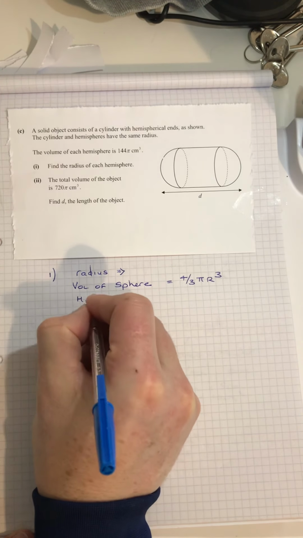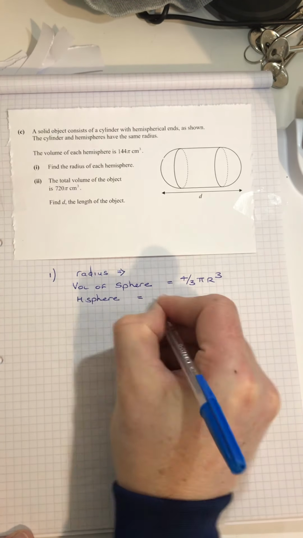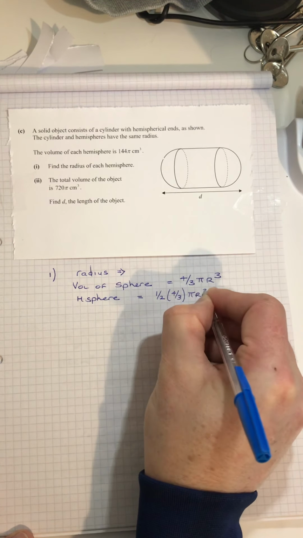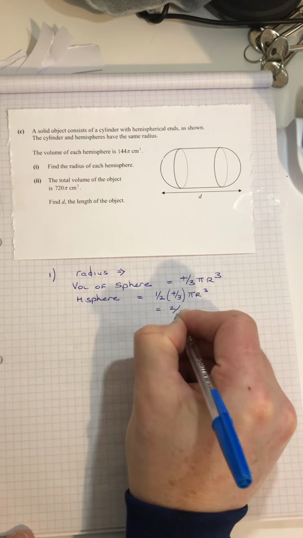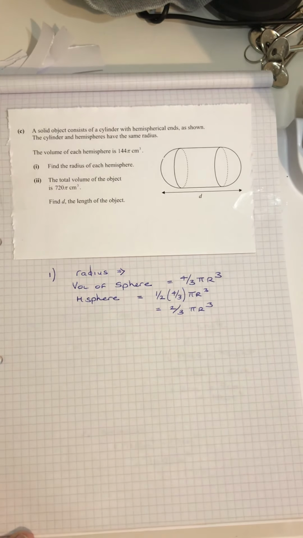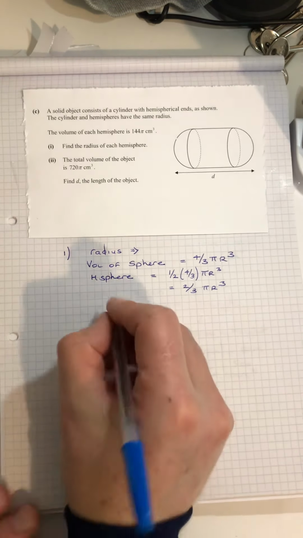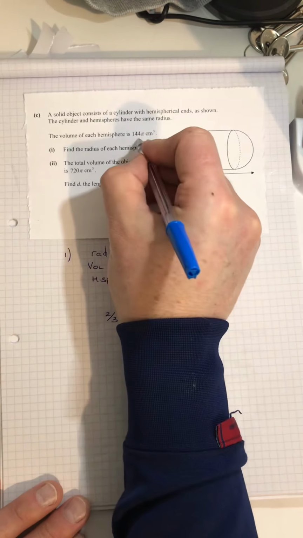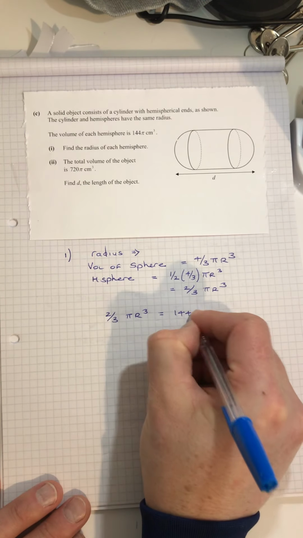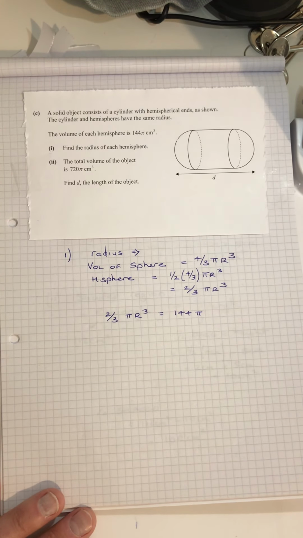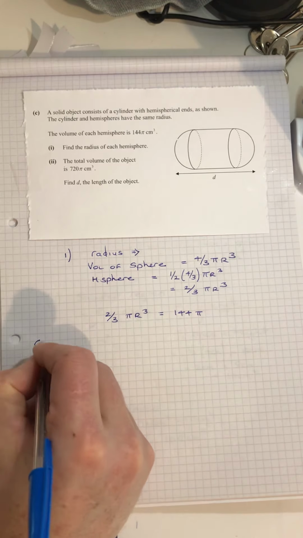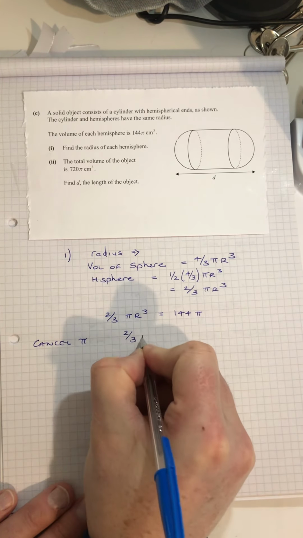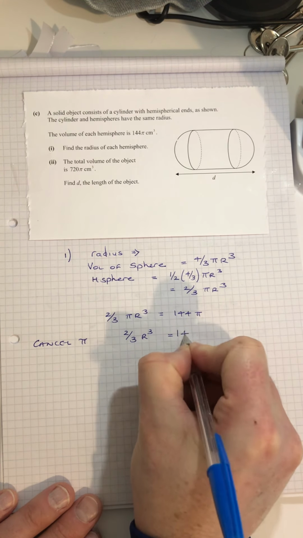So a hemisphere is equal to a half of 4 over 3 pi r cubed, which is 2 over 3 pi r cubed. Therefore 2 over 3 pi r cubed is equal to 144 pi. What we can do is cancel pi. So we have 2/3 r cubed is equal to 144.